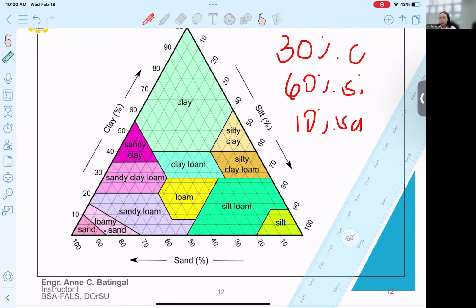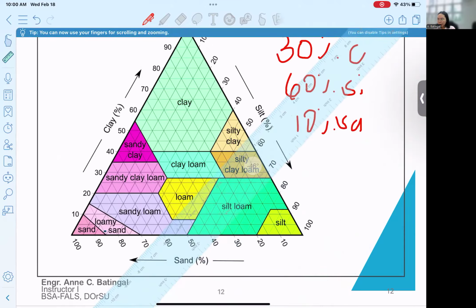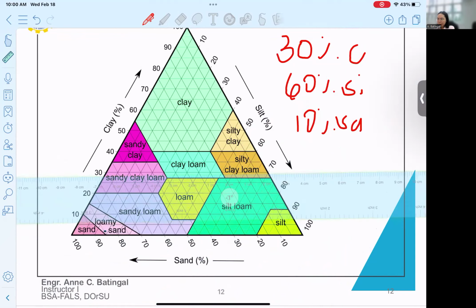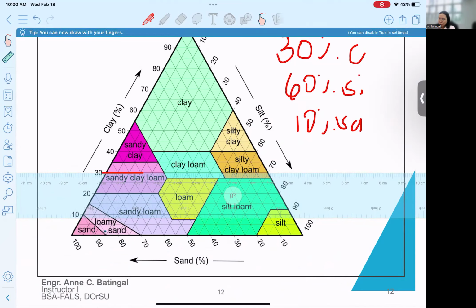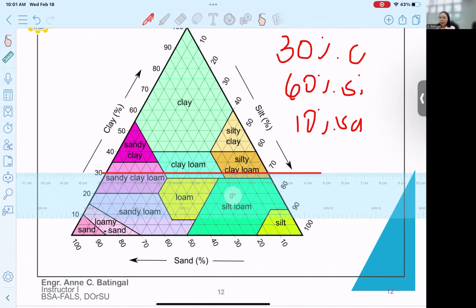So 30% clay, 60% silt, and 10% sand. Okay, which one comes first? Look at what the data gives. Clay comes first, so let's check clay first. Where is clay? This portion leads towards clay. So 30% clay, you form a line.